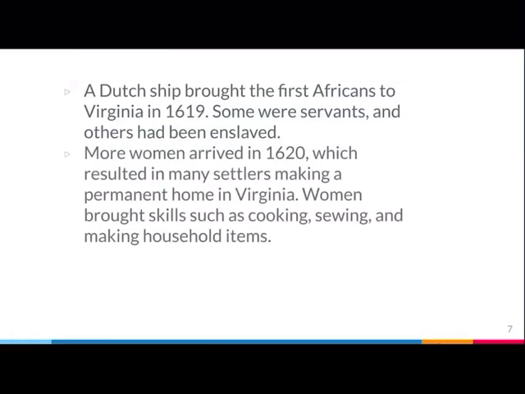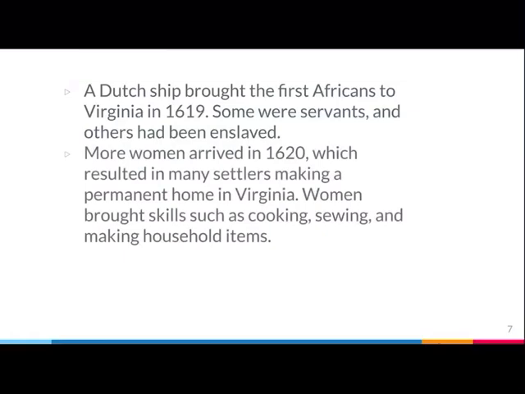We also see more women arriving in 1620. At first, there were no women in Jamestown in Virginia. But we start seeing more in 1620, and when more women were able to show up, it actually led to many settlers making more of a permanent home in Virginia, because they were starting families.